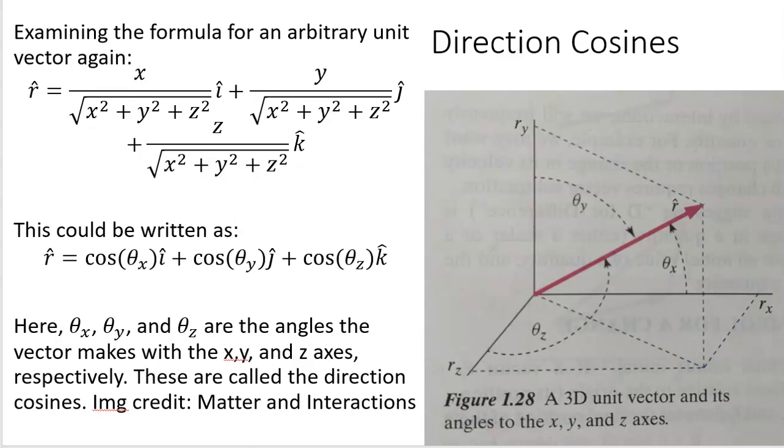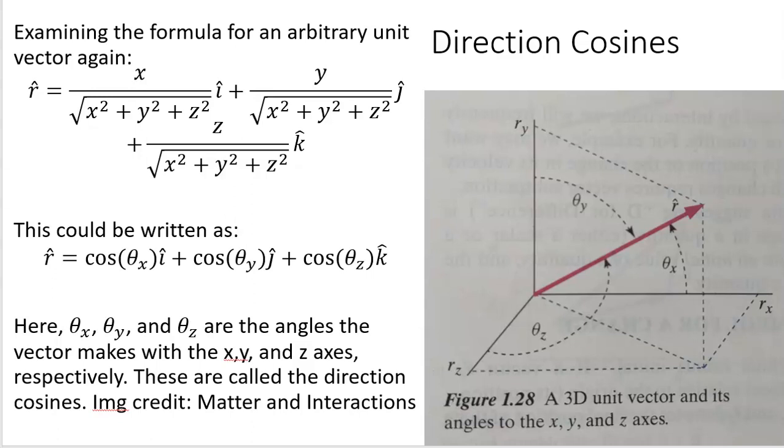And then you can see that if you look at each one of the components, right? So if you had r sub x, which would just be x here, and then divided by the length of the vector, well, that's the definition of your cosine. So the cosine of the angle with respect to the x-axis, which I call theta x here, cosine of theta x, is the component of your r hat unit vector in the x direction.